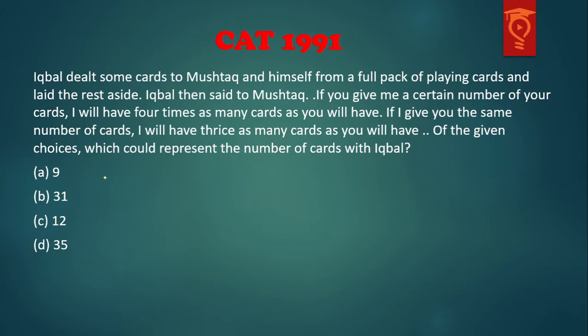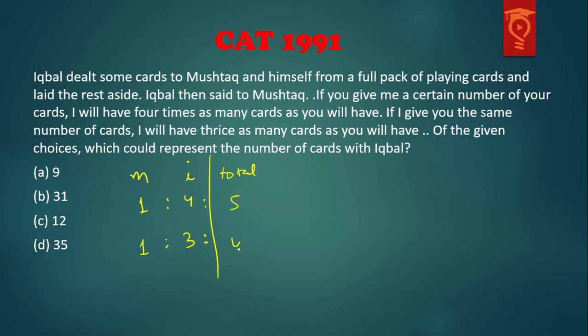Here it comes. You know that the cards between Mushtaq and Iqbal are once in the ratio 1:4, and next time 1:3. Hence, the total number of cards, taking the ratio sums, is 5 and 4.